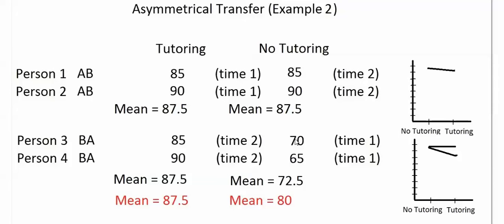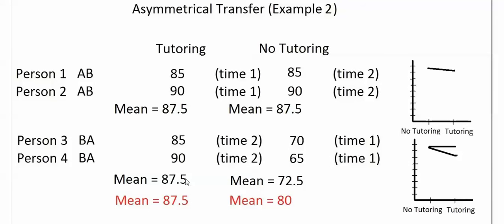Since these two scores bring up the untutored average, it makes it look like the effect of tutoring is smaller than it really is, because these two means down here are only 7.5 apart.